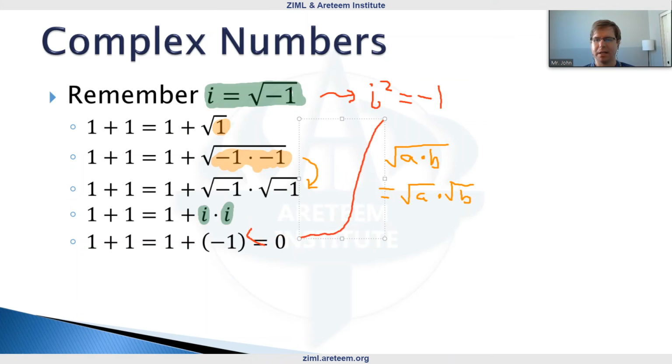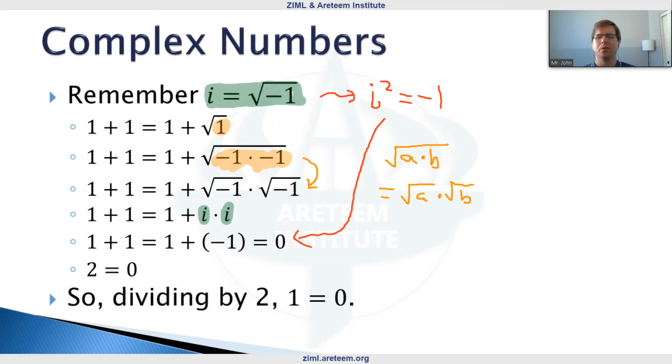Let me fix my arrow a second here. And so these add up to 0. So in fact here we've proven that 2 is equal to 0, which, dividing by 2, gives 1 equals 0. So now we've used complex numbers to show that 1 equals 0.